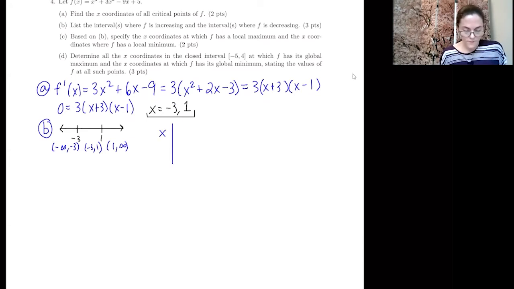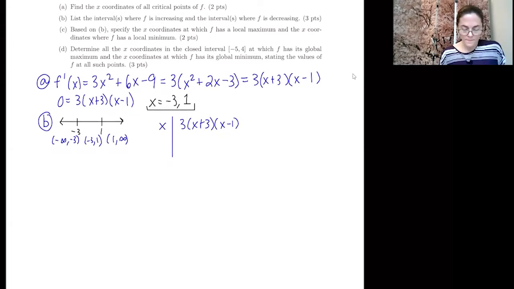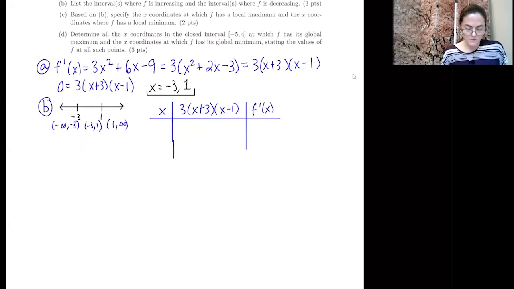I will have the derivative factored, which is 3(x plus 3)(x minus 1). And then I will have one more column where I can write the sign of the derivative, whether it's positive or negative.